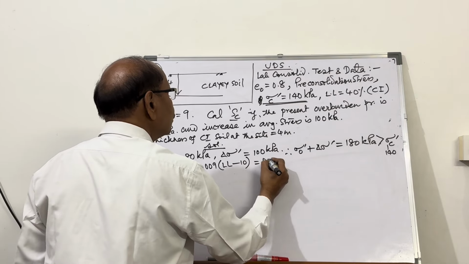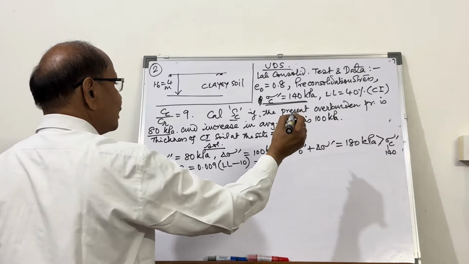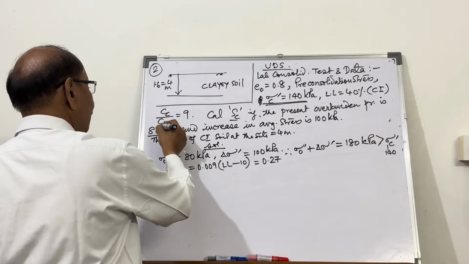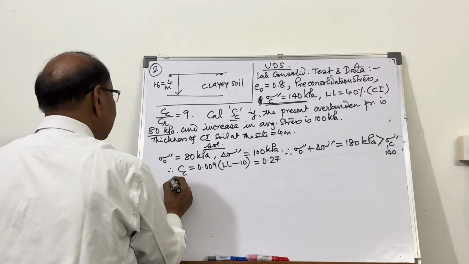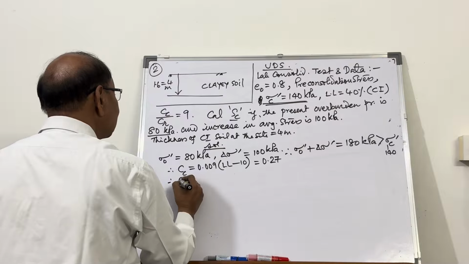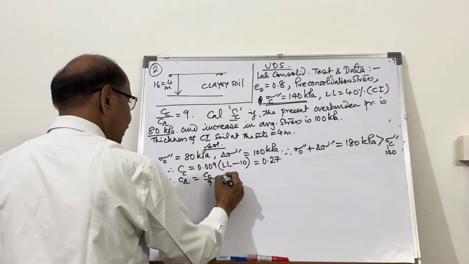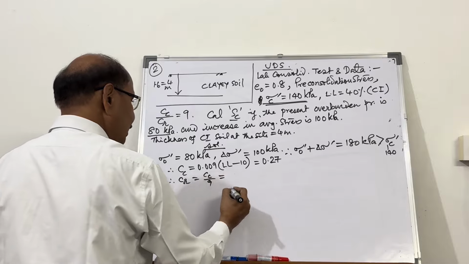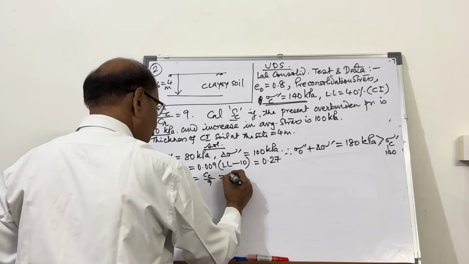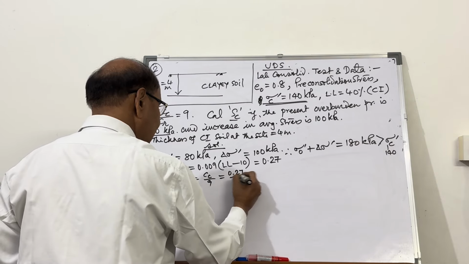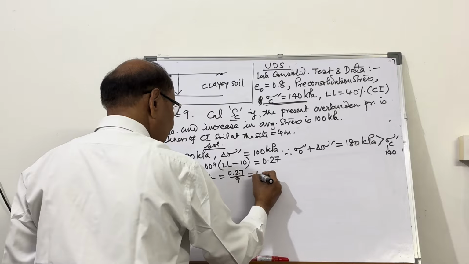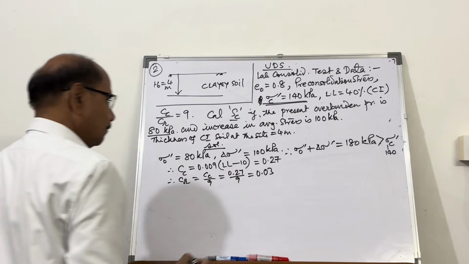So the Cc value is known to us. Next, the ratio Cc upon Cr is also given, and Cc upon Cr is 9. Therefore, Cr equals Cc divided by 9. So this recompression index becomes 0.27 divided by 9, and therefore it becomes 0.03.